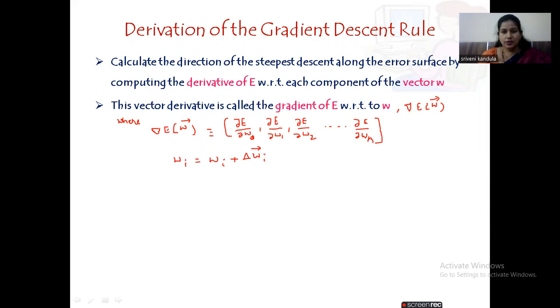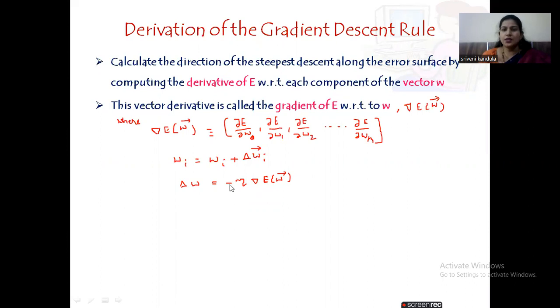We write ΔW as minus eta times ∇E(W), where eta is the learning rate.